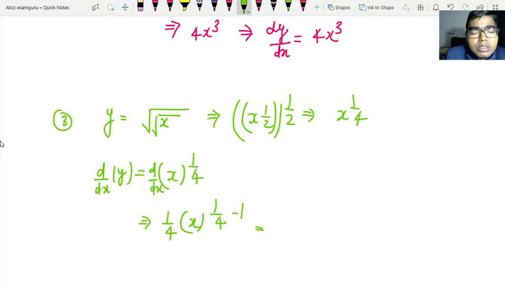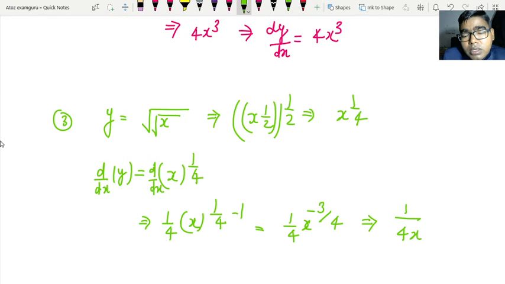It simply means 1 by 4 into x to the power minus 3 by 4, or you can write it as 1 upon 4 x to the power 3 by 4, right? So this is the answer.